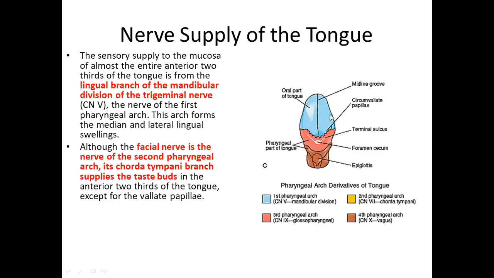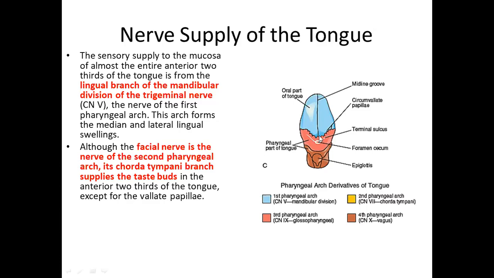Now the embryological basis of the nerve supply of the tongue, which is a frequently asked question in your university as well as the pre-university examinations. Since the anterior two-third of the tongue is contributed by the first arch, the general sensory supply to its mucosa is by the lingual branch of the mandibular division of the trigeminal nerve, since it is the nerve of the first pharyngeal arch.